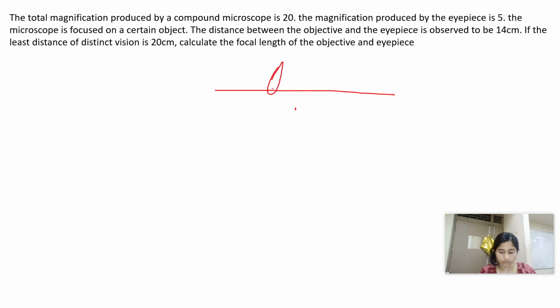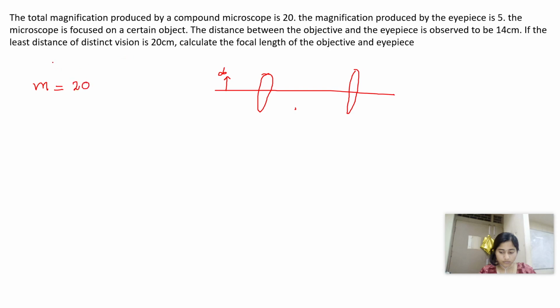So what values are given? Total magnification produced by the compound microscope, we can write it as M, is 20.